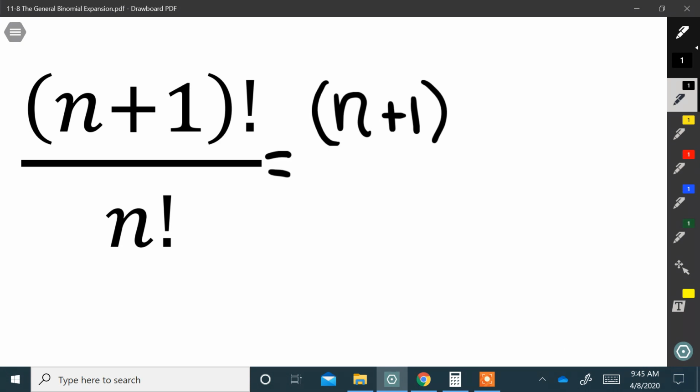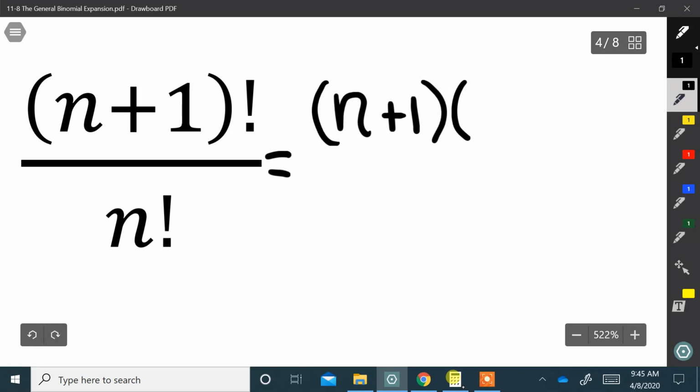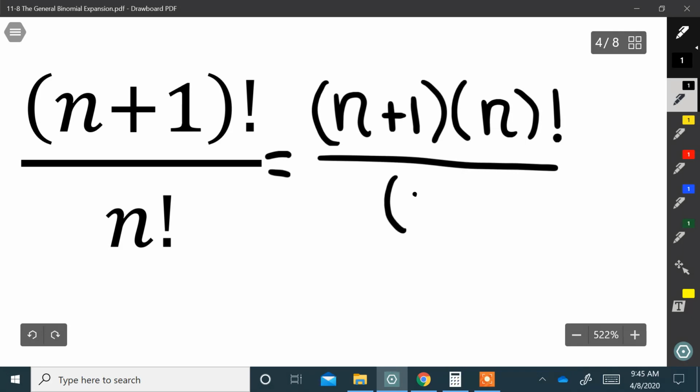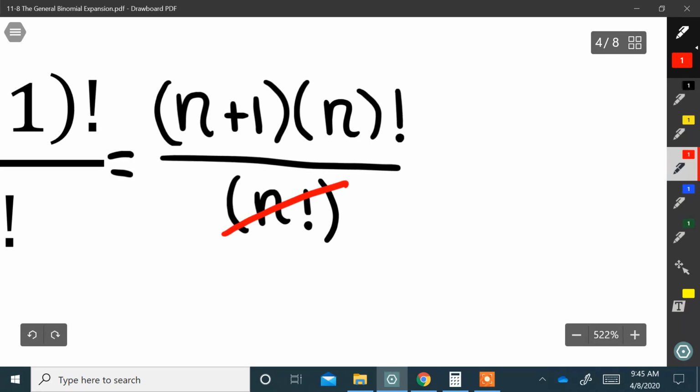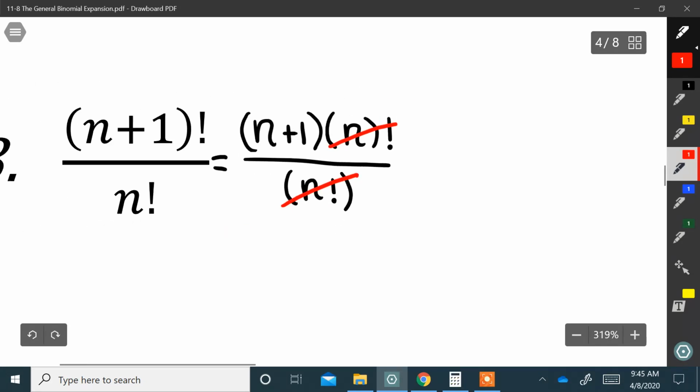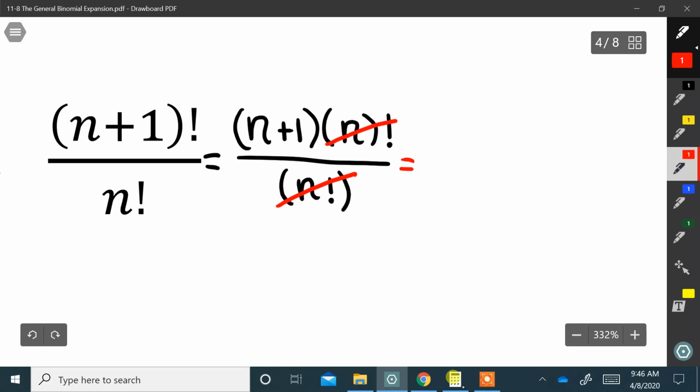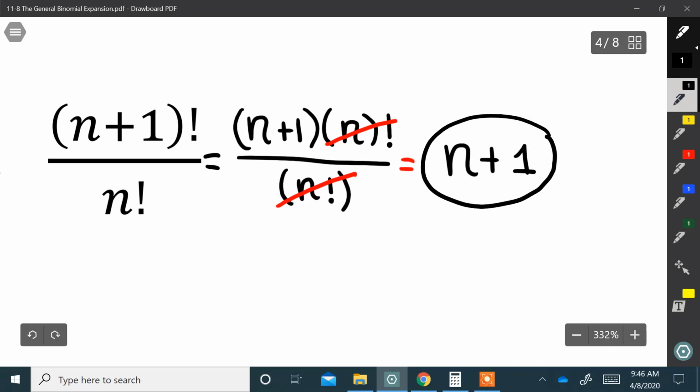My next number is going to be one less than n plus 1, and that should be n. Well, guess what? This n factorial is going to cancel with this n factorial. So my final answer is going to be n plus 1. That wasn't too complicated.